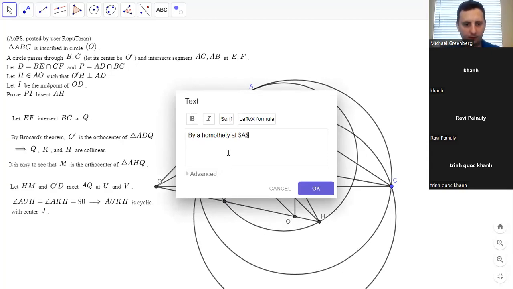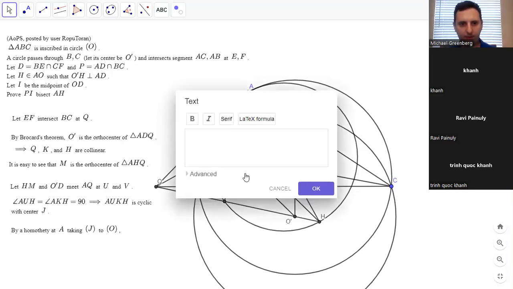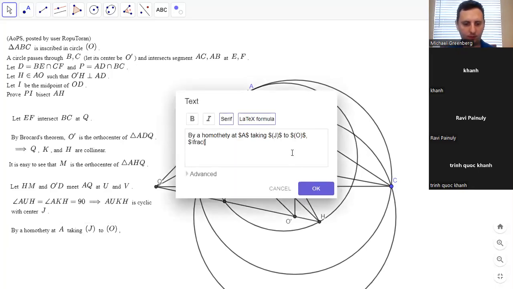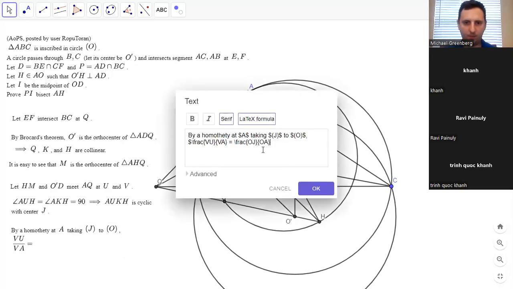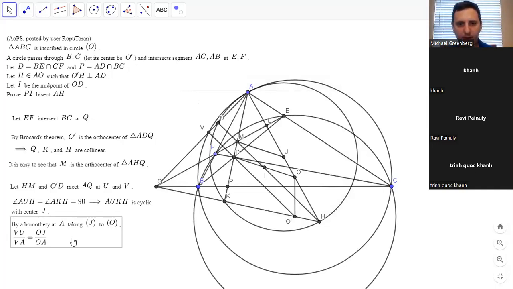By homothety at A, taking the circle J to the circle O, we have VU over VA equal to OJ over OA, and then DM over DA.